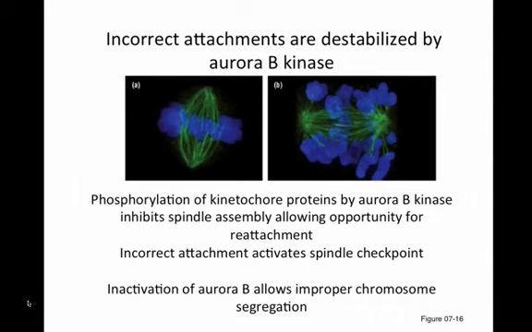Yes? Would there be an increased amount of Aurora B kinase if the cell was knocked out for the sensor? Or is it not even active? So the question is, will Aurora B kinase be upregulated in cells without the sensor? Well, I like the way you're thinking, and that's very logical and plausible, there's probably some kind of feedback.